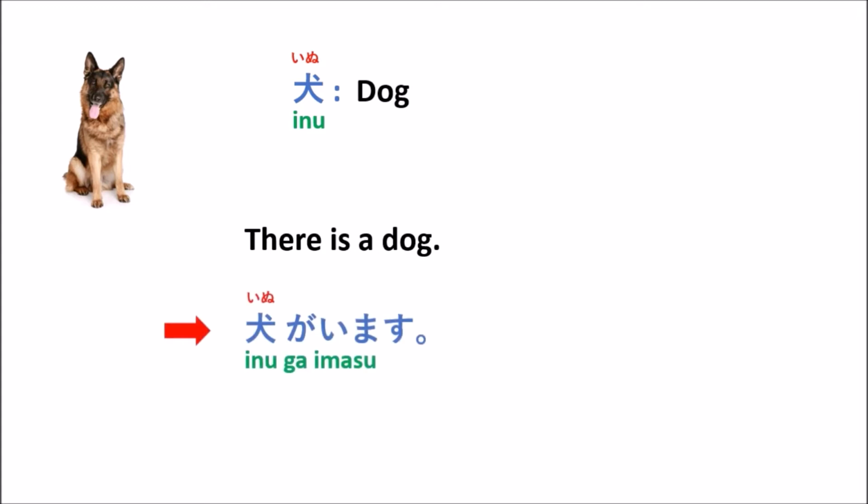You can say inu ga imasu. Why do we use imasu? Because the dog is animate, or the dog has a life. So you use the word imasu. Here we say inu ga imasu.